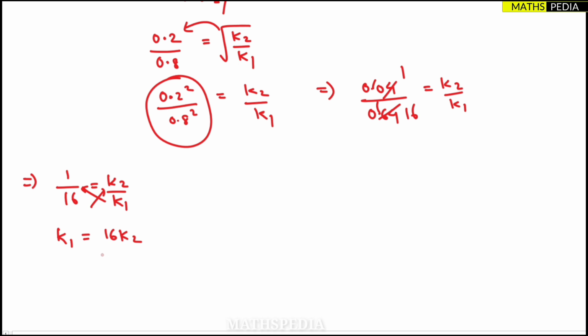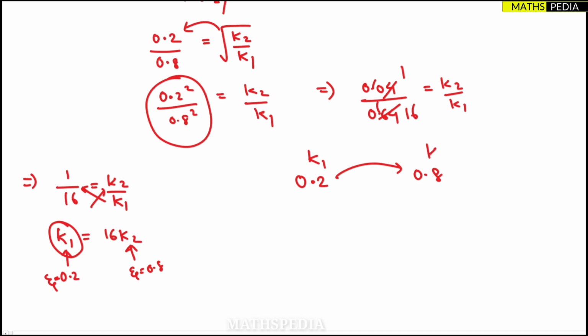That means k1 was related to the 0.2 zeta value and k2 was related to the 0.8 zeta value. In order to increase from 0.2 to 0.8, you have to multiply the k1 value, because this is the first value, as we are increasing from 0.2 to 0.8.